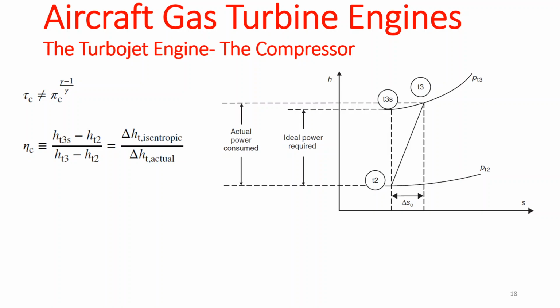And this value is going to become smaller and smaller as your Tt3, the total condition 3, moves along this line away from the isentropic line. This time, we are going to divide everything by ht2, which is the inlet of the compressor, right?